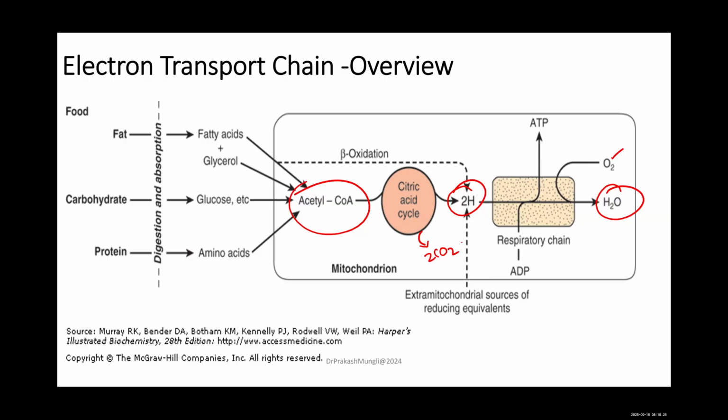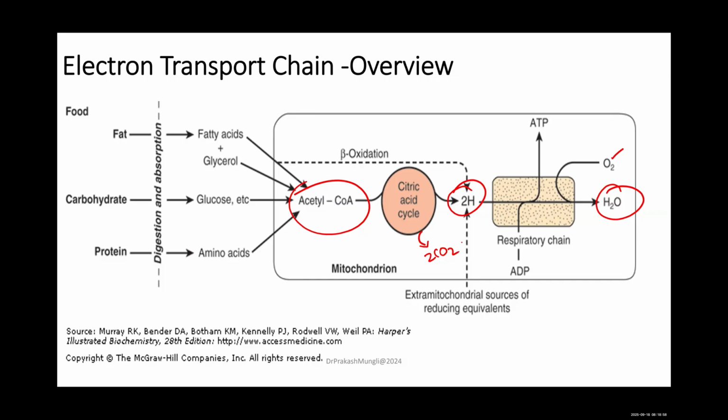That means there is formation of water and carbon dioxide when your macromolecules are oxidized. Whether it is fat, carbohydrate, or protein, when it is oxidized to acetyl-CoA, it is further oxidized to release carbon dioxide, and in return it gives protons. Those protons go into the electron transport chain, ultimately combining with an oxygen atom to make water.